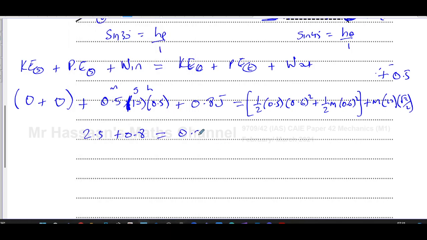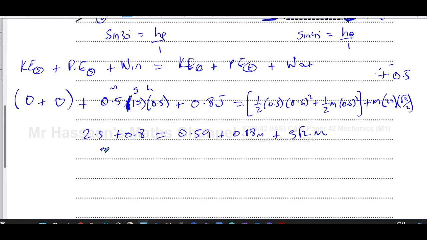So I have 0.59, plus a half m times 0.6 squared. 0.6 squared is 0.36, divided by 2, 0.18 m, plus 5 times root 2 m. So that's going to be 3.3.